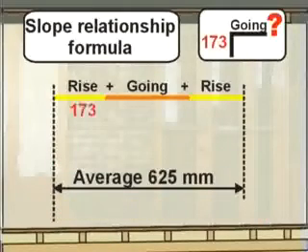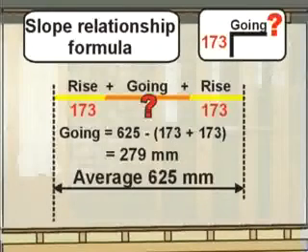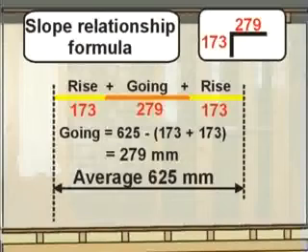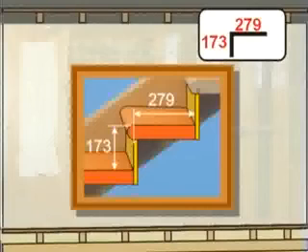The established rise of 173 millimetres is placed in the formula. The going is calculated by subtraction. This produces a going of the step of 279 millimetres. A rise of 173 and a going of 279 millimetres has been established for the steps in this flight.